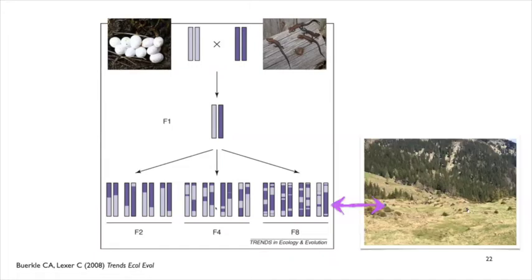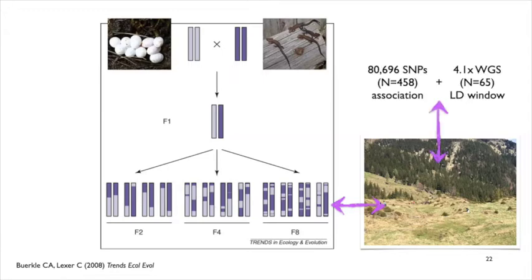And now here, instead of doing this in a lab, as would be done in some experimental systems, here our alpine meadows are where these recombination events are happening. So we're sampling individuals and using those as our population to study.